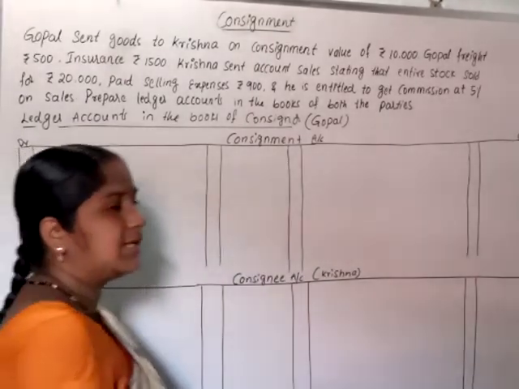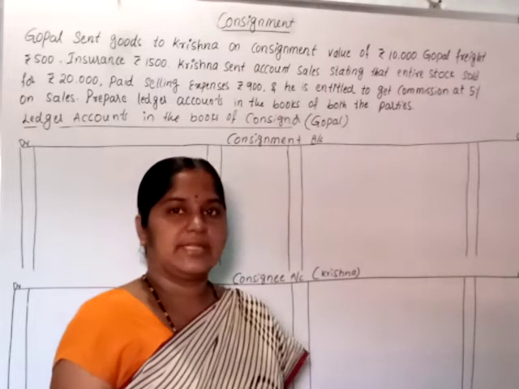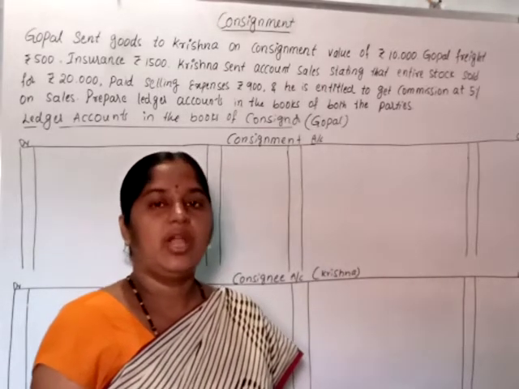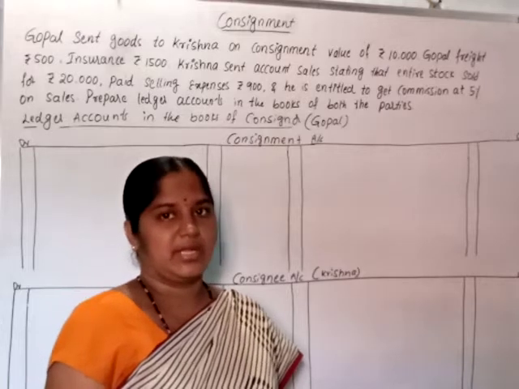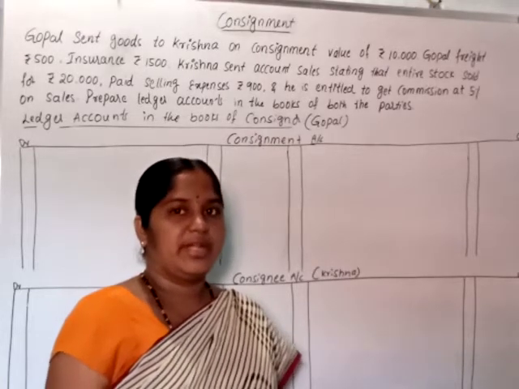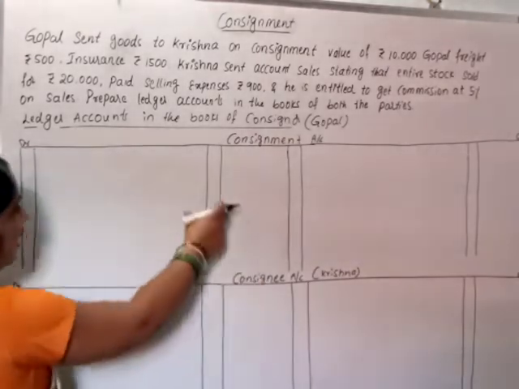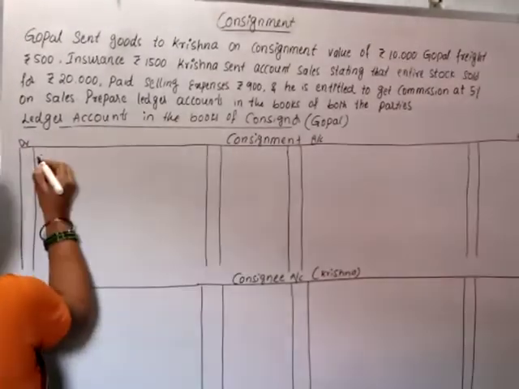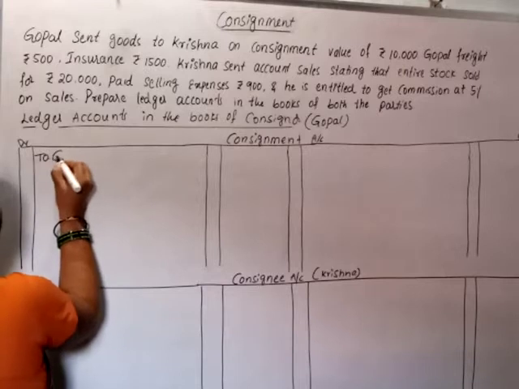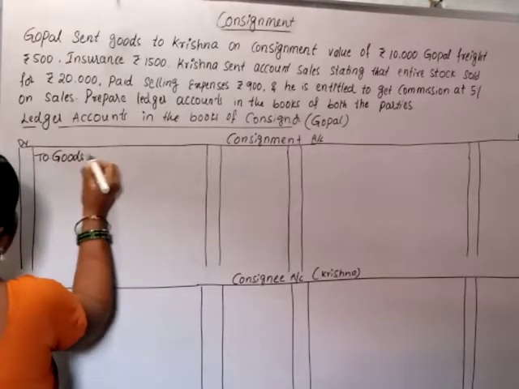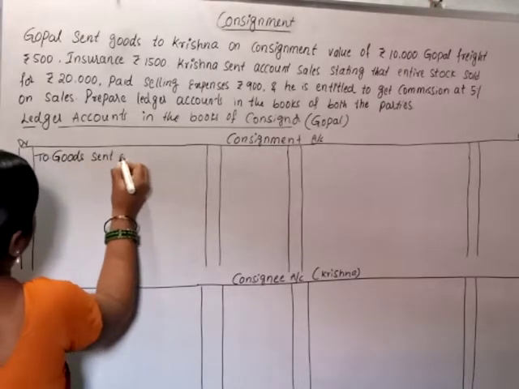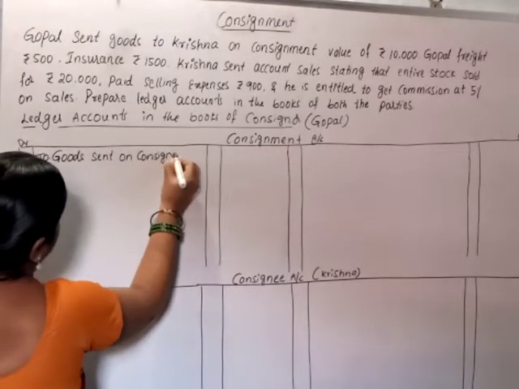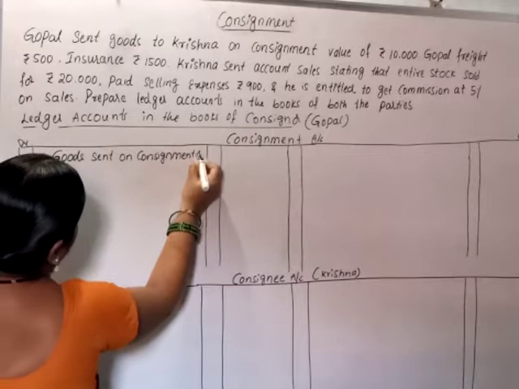The first journal entry is for the goods sent on consignment. The entry is: consignment account debit to goods sent on consignment account. Consignment account is debited, no? So it affects the debit side of the consignment account. Write down consignment account debit to goods sent on consignment account.